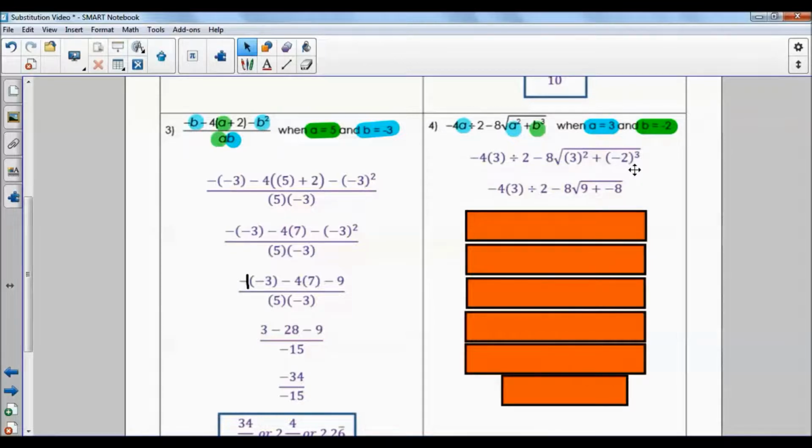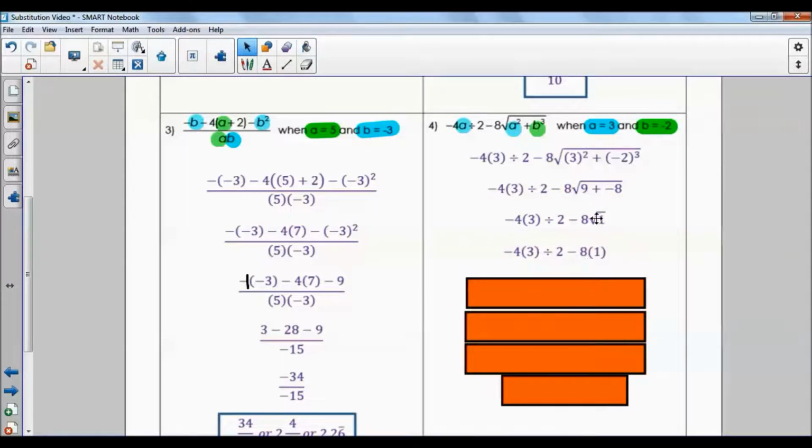So because -2 times -2 is +4 times -2 goes back to being negative. Okay, so 9 plus -8. Okay, the next thing we're going to do is finish up inside of our square root. So 9 plus -8 is just +1. Okay, and then if we finish that, it's just 1. Square root of 1 is 1.